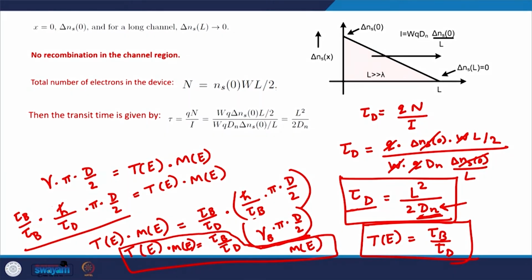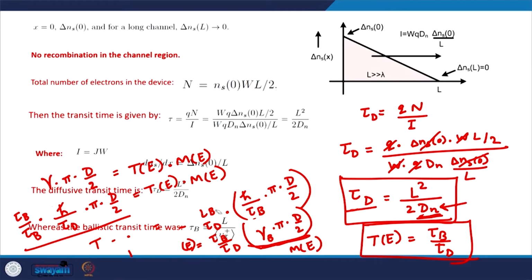Okay. And as we clearly know, the transit time in the ballistic case is essentially L divided by average velocity in the x direction. So, this is the expression for the transit time in the ballistic case.